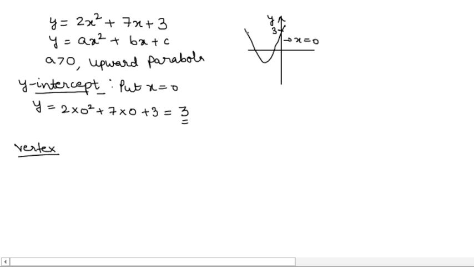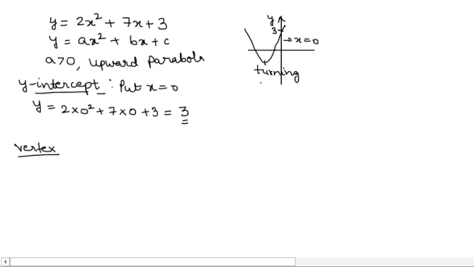Starting from here, it goes down, the value of y is decreasing, and then eventually it hits a minimum, and then again it starts increasing. So this particular point is called the turning point, because it is at this point that the parabola turns its direction from downwards to upwards.